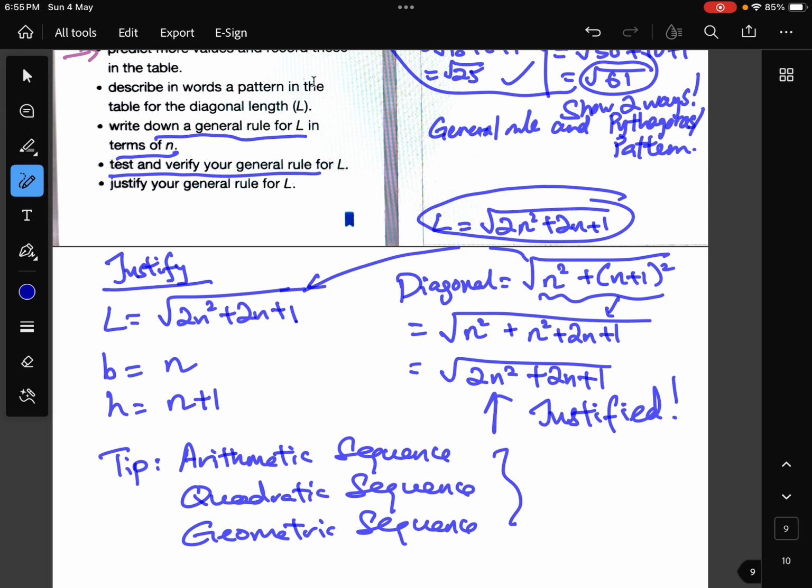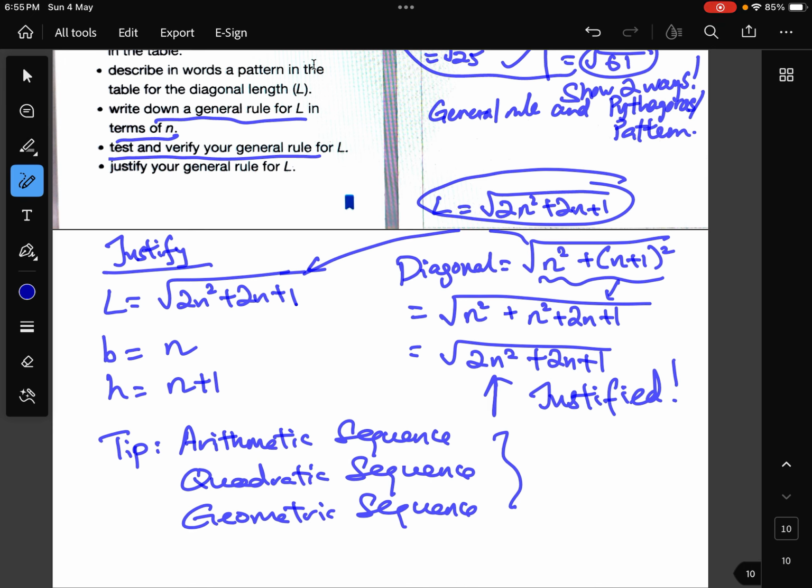Something you also want to bear in mind is that even if you can't find the general rule, it's always helpful to write something, even if it's a very simple pattern, things like, oh, the numbers are odd numbers. Just write something.